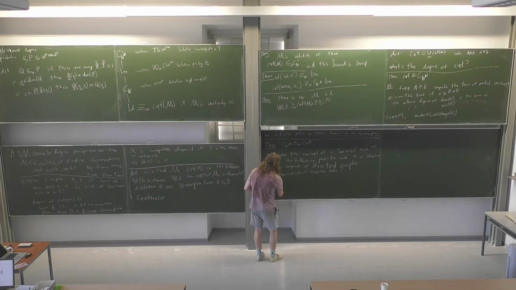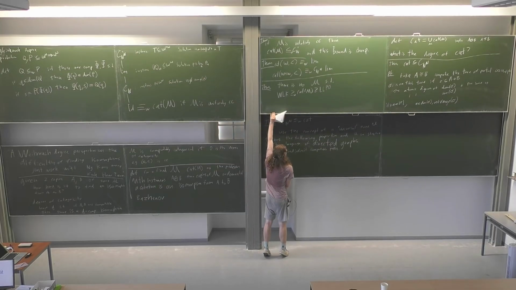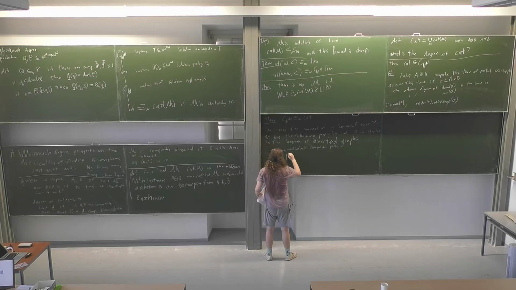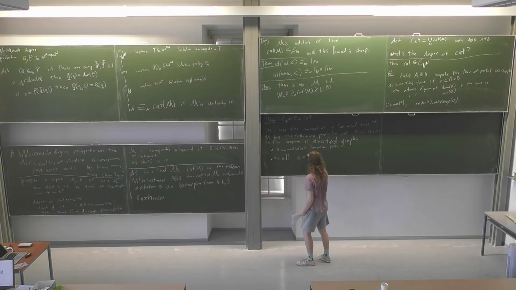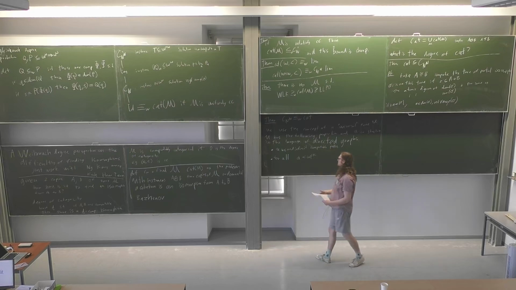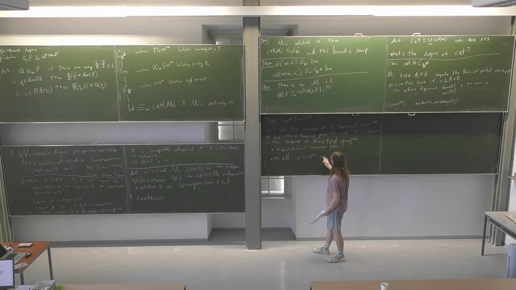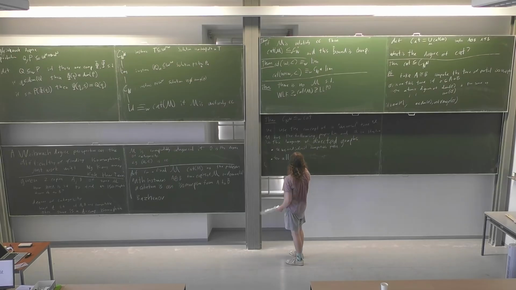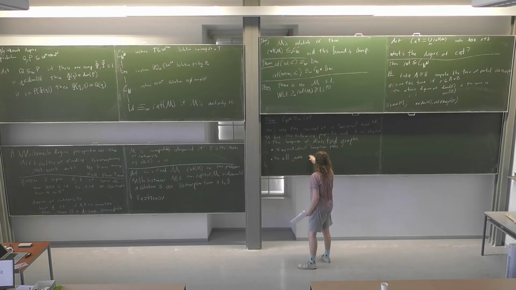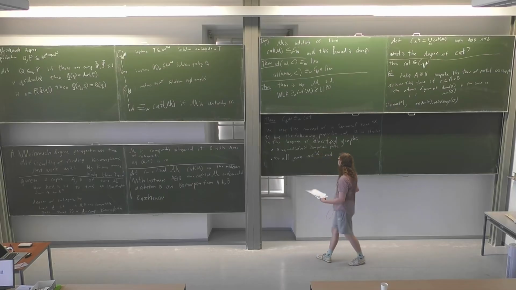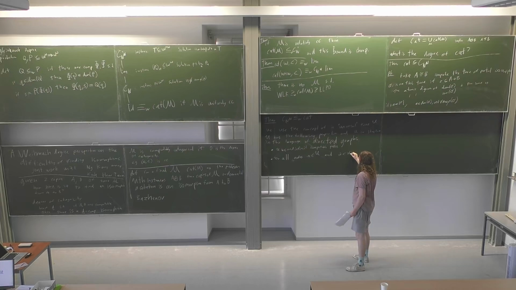And we want that for all alpha less than omega 1 CK, actually, we'll write it for all nodes X in U and alpha less than omega 1 CK and the rank of our node X.